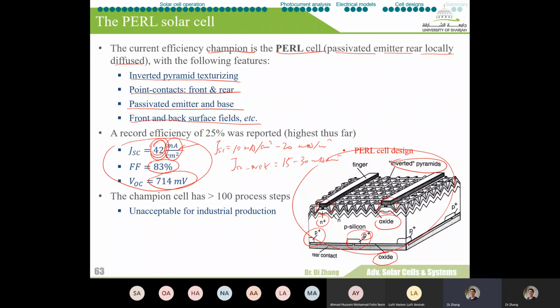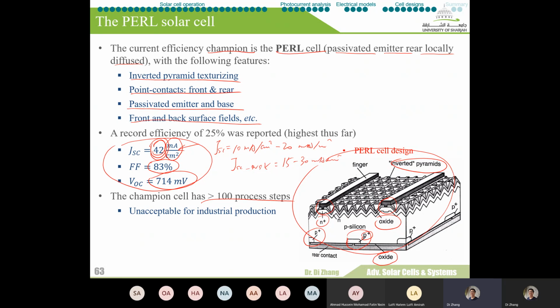Of course, the good performance comes at the sacrifice of cost. The PERL cell actually has over 100 process steps in the fabrication. So it is good for demonstrating how well we can do in solar cell performance. But on the other hand, this many steps is unacceptable for mass production, for industrial production.